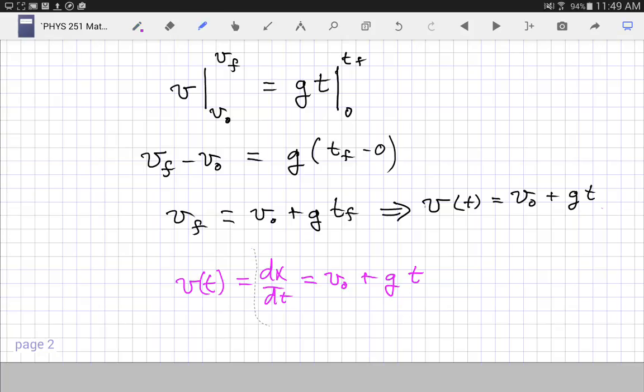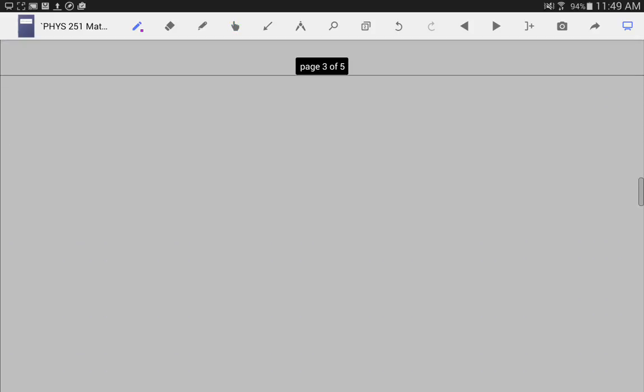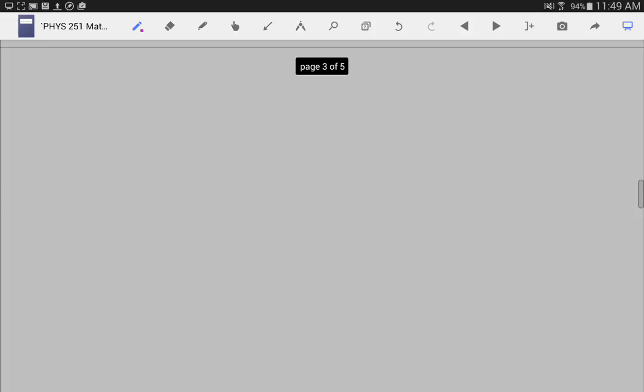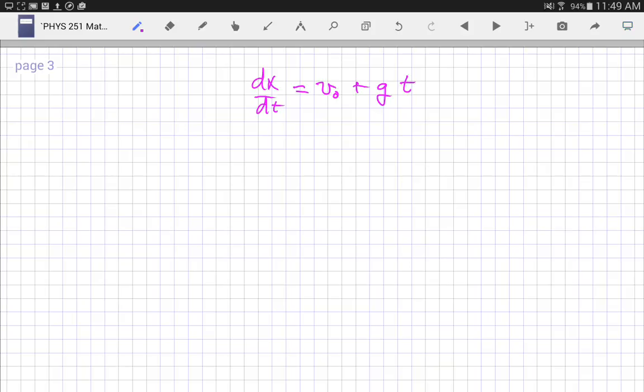And now I'm going to have to copy this and bring it down to the next page because I ran out of space on that one. And so continuing on, as soon as this page comes up, there's my equation.